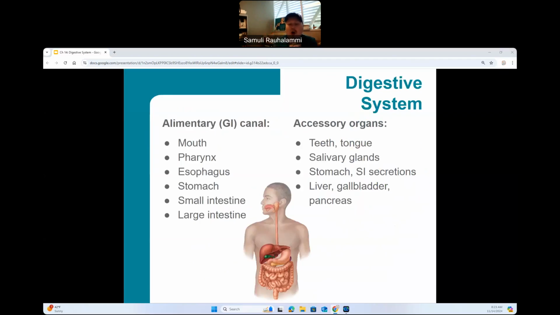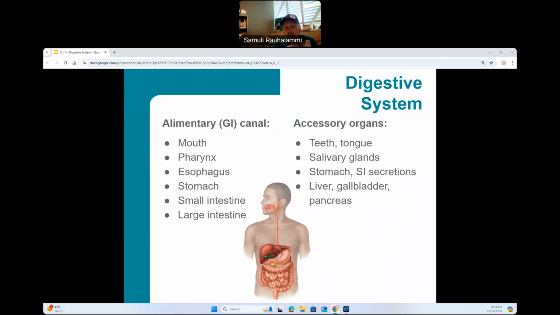This is one continuous coiled hollow tube that starts at the mouth and ends at the anus. At certain parts this tube gets wider, at certain parts more narrow, and in certain parts we have sphincters controlling the movement, but it is a continuous tube.